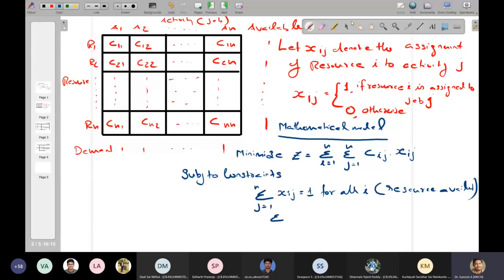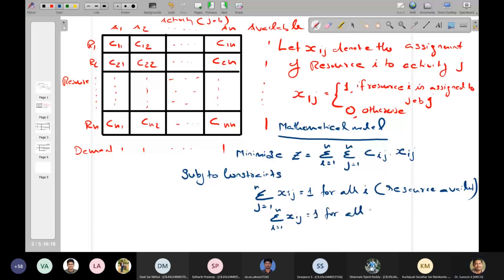So j is the activity requirement. And finally Xij will be equal to 0 or 1, for all I and j. So this is how the mathematical model will look like.